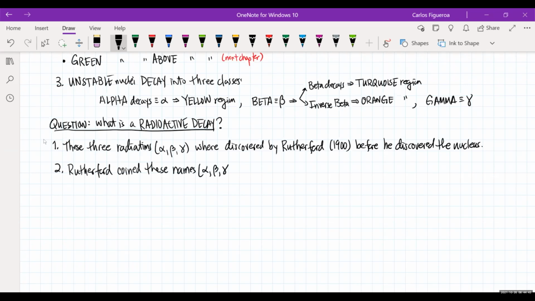Alpha, beta, gamma, by how much they penetrated a material. So the best way that I can do this is that I could draw a picture of it. So let's do that. Imagine that I have a sheet of paper.